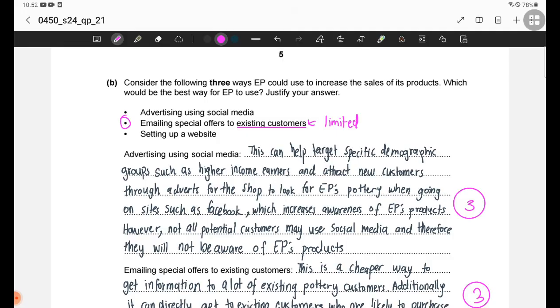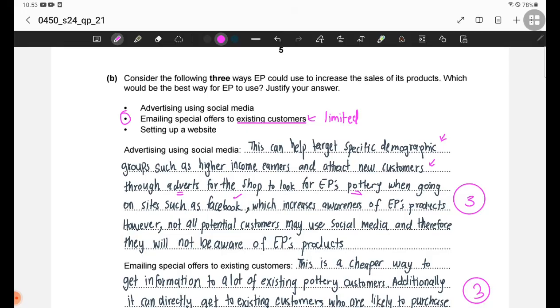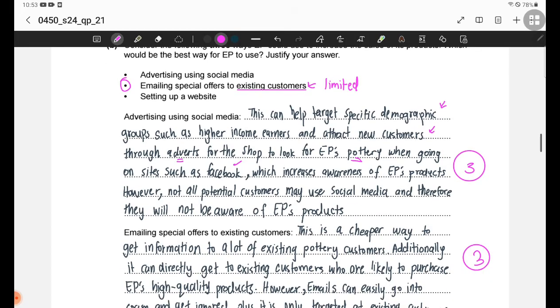You can control social media sometimes if you hire the right people. So here I mentioned that you can send it to a specific group of people, and also you can attract new customers through adverts for the shop to look for EP's pottery. This is an application, when going on sites such as Facebook, which of course increases awareness. Okay, now this is done.